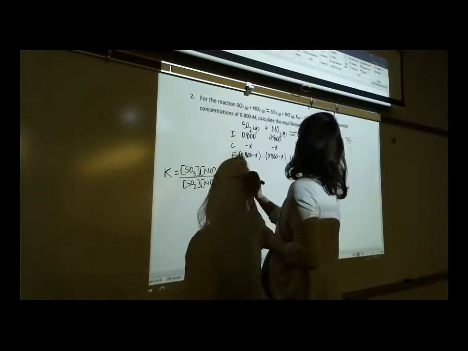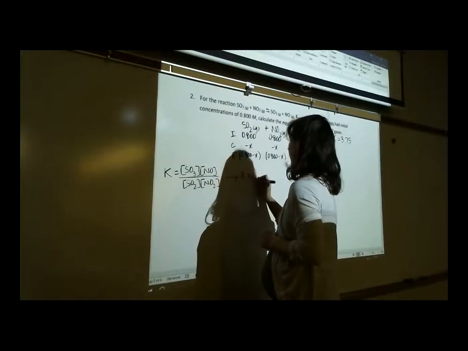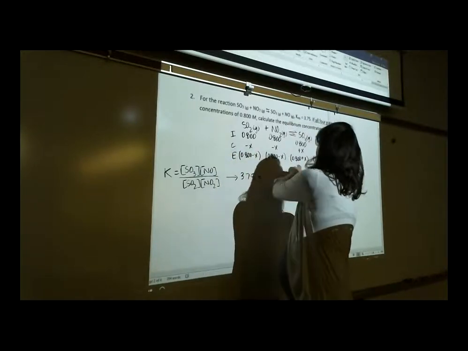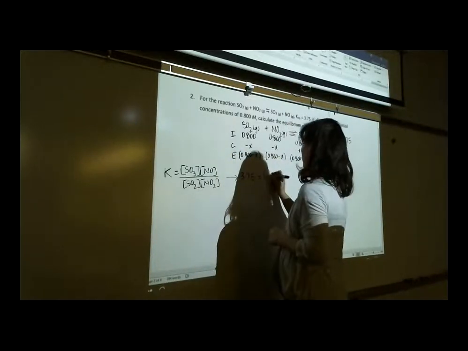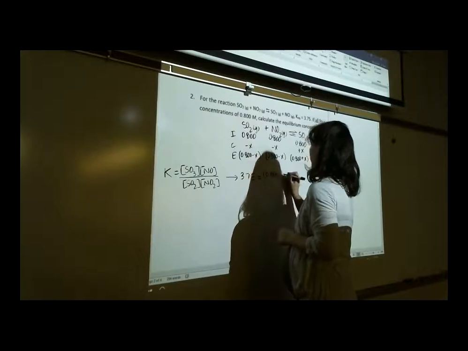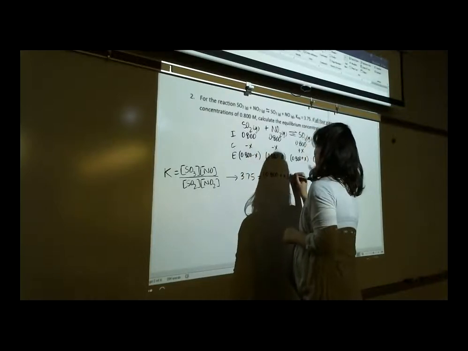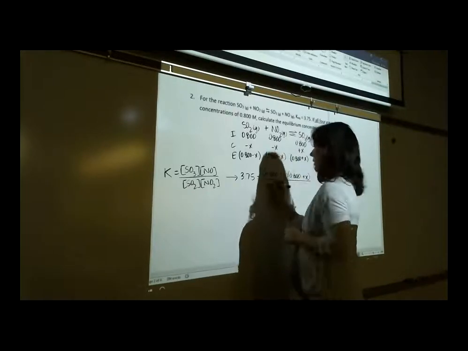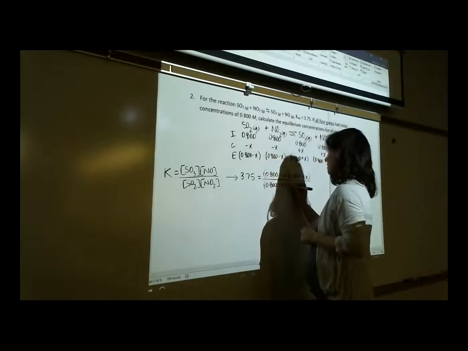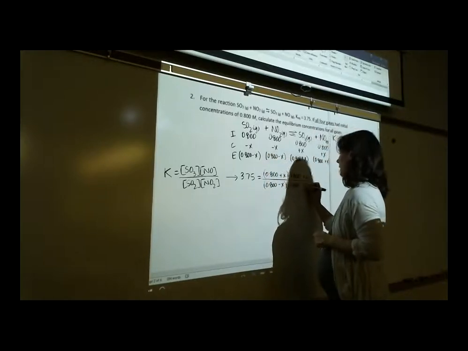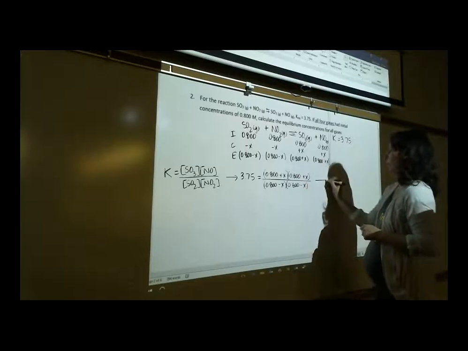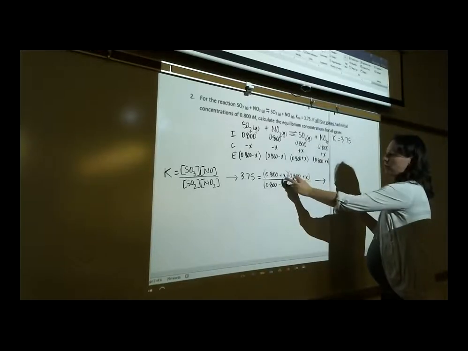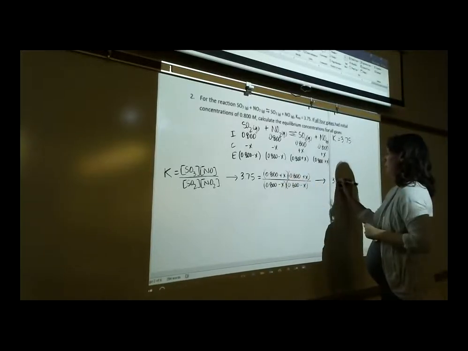So K is equal to 3.75, and now I'm plugging these in. 0.800 plus X, 0.800 plus X, divided by 0.800 minus X, 0.800 minus X.